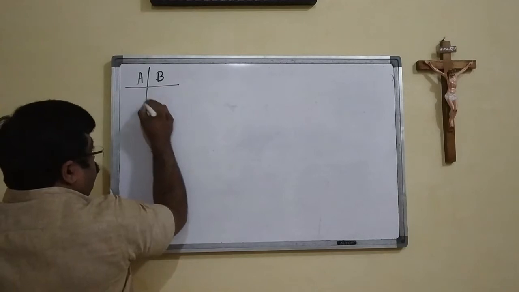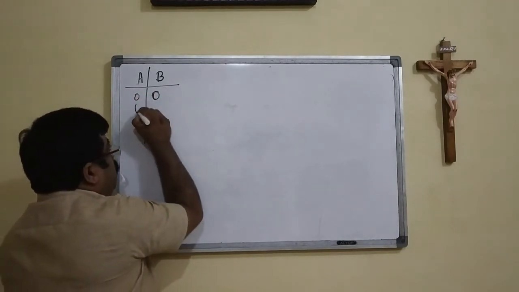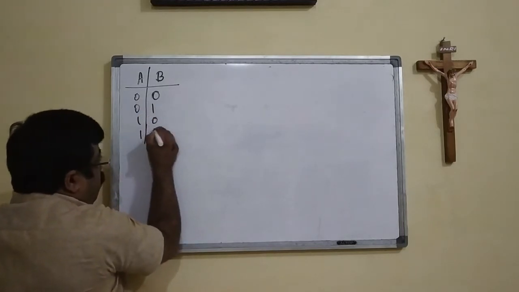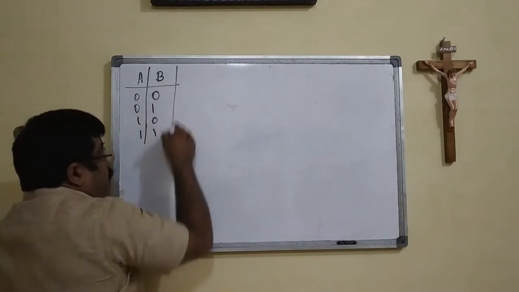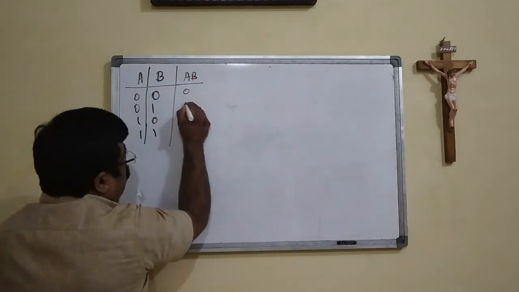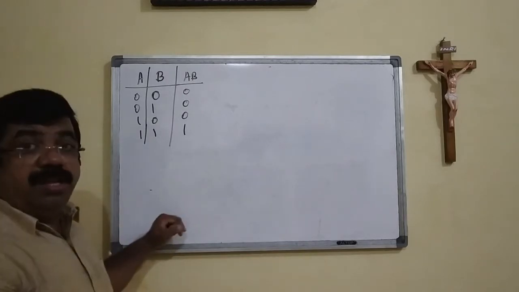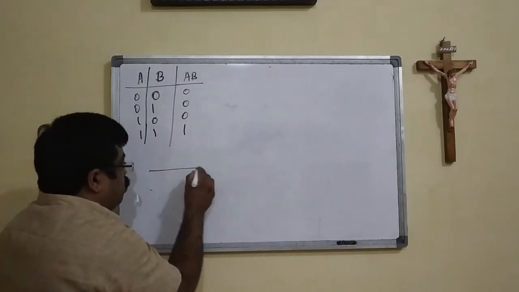We saw their truth table: 0 0, 0 1, 1 0, 1 1, and the product gives you A and B: 0 0 0 1. The logic gate will look like this.